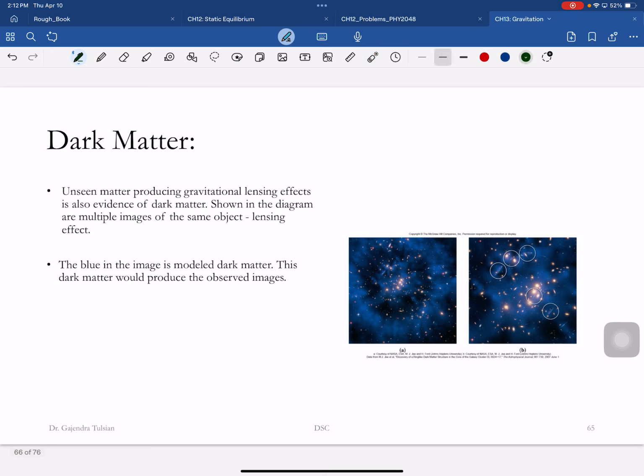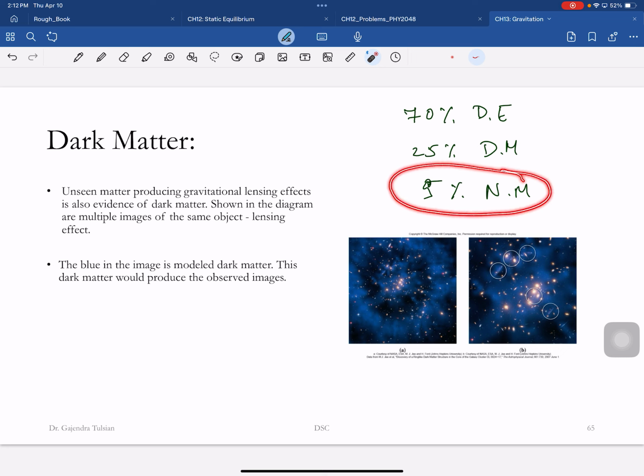So in fact, the composition of the universe is roughly 70% dark energy, 25% dark matter, 5% normal matter. Look at this. This is crazy. This is what we know.